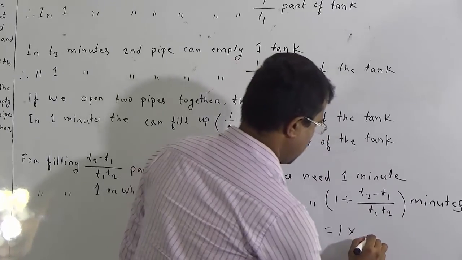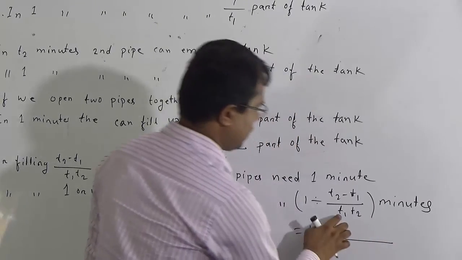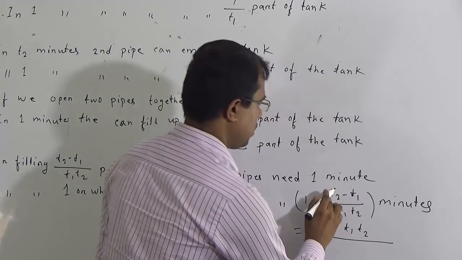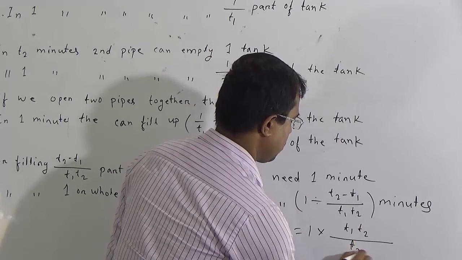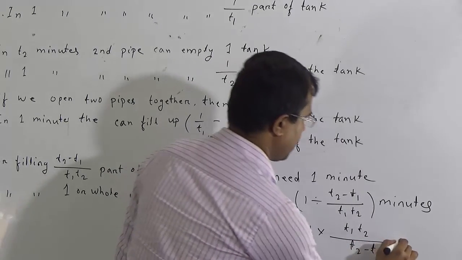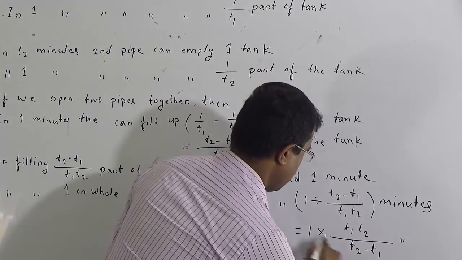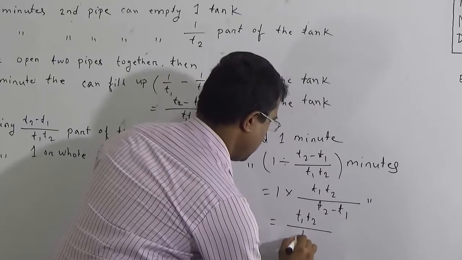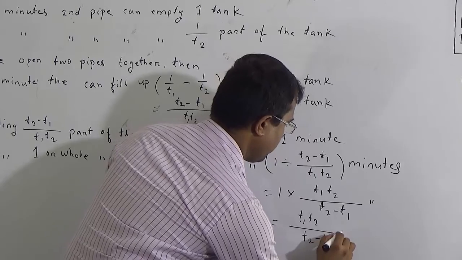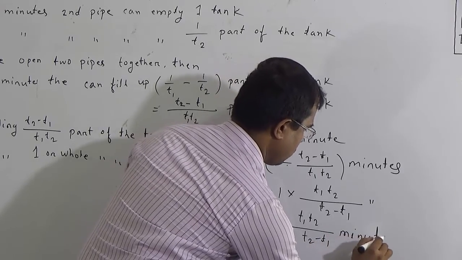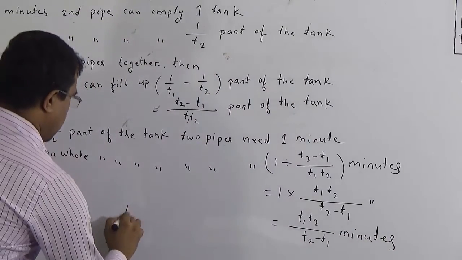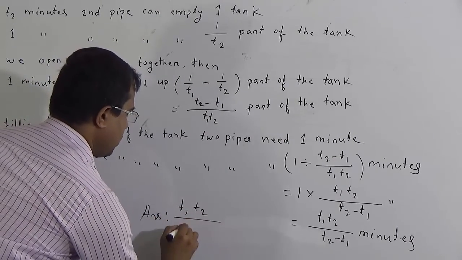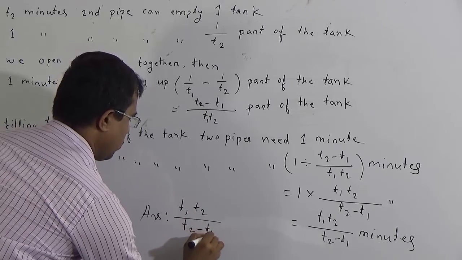Here we will do multiplication, and these denominators we will write as numerator, T1 T2, divided by this numerator we will write here as denominator, T2 minus T1 minutes. So ultimately the answer will be 1 multiplied by T1 T2, that means T1 T2 divided by T2 minus T1 minutes. Answer: T1 T2 divided by T2 minus T1 minutes.